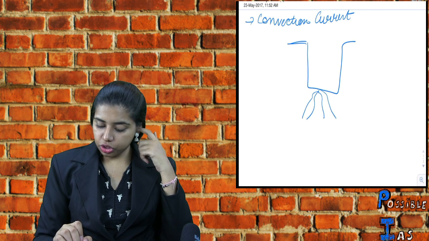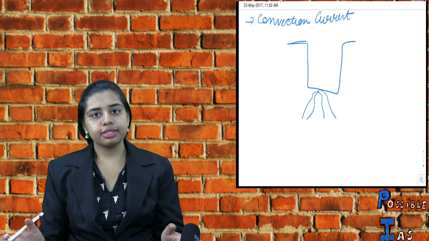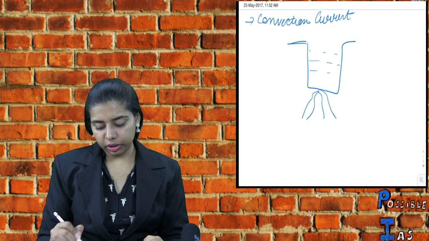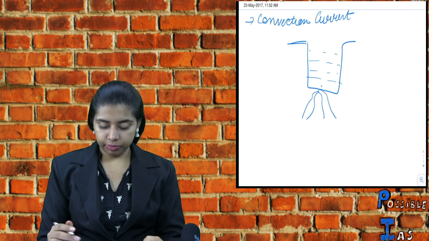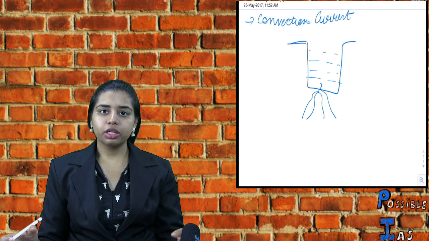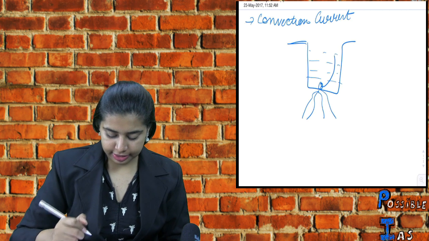Everything when heated expands, and everything when cooled contracts. That's a basic law, right? So when there is water in the beaker, obviously the water at the bottom will be heated faster. So this water will expand. Once it expands, what will happen? Its density will reduce. So the water here expands and it rises.